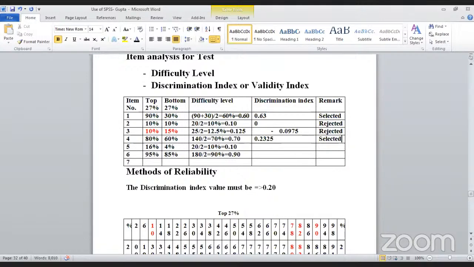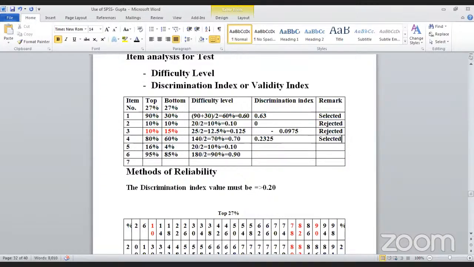And for those items which are not rejected, you have to decide how many items you want very easy, how many very difficult, and how many of average difficulty level. Now, this will depend upon the objective, for what purpose you are developing that test.